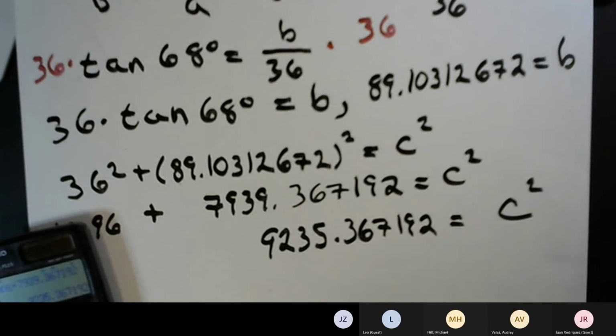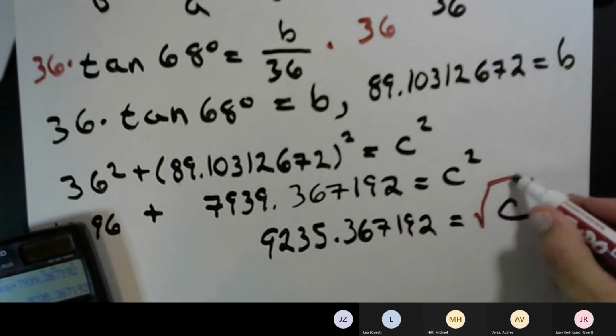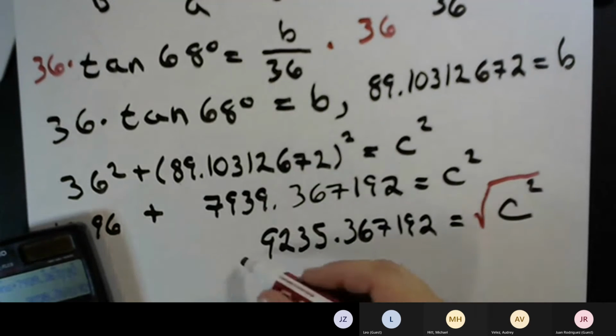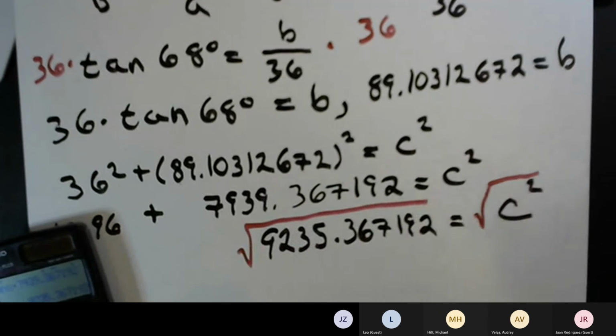So the last thing we need to do is square root it, because the square root will cancel the square, but what we do to one side, we've got to do to the other.